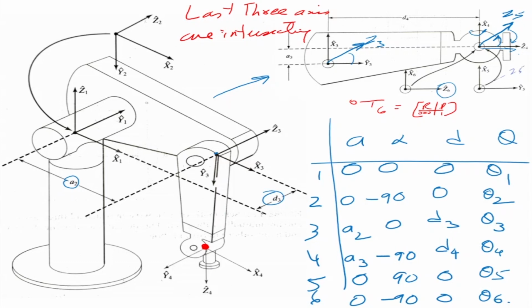And because the last three axes are intersecting, there is no change in the position of the origin. So origin of 4, 5, and 6 are the same. Now, because of which the equations, when we multiply T0 to 6, have a particular structure, and that is something that we are going to exploit when we try and find the inverse kinematic solution.